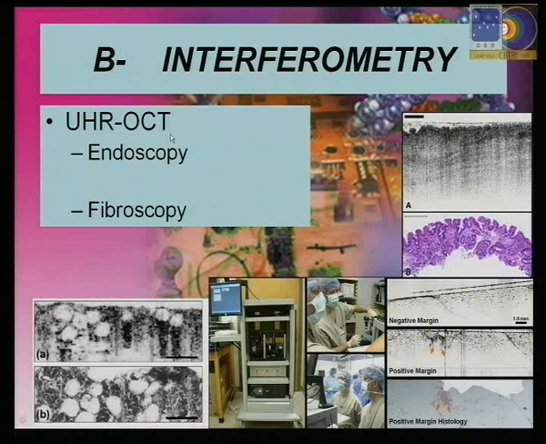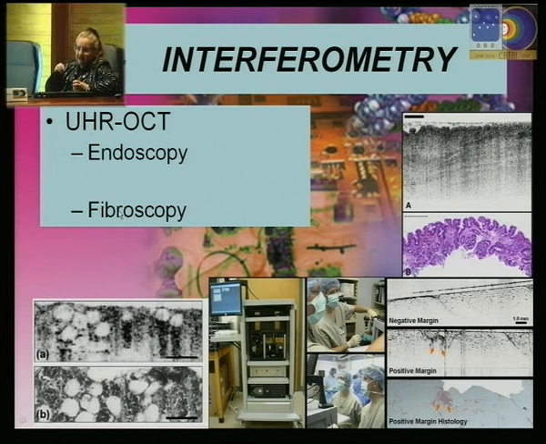Well, this is the type of data you get in ultra-high resolution optical coherence tomography, either in endoscopy, meaning in surface areas, or in fibroscopy, meaning that you put the coherence tomograph inside a needle and you punch the surface in order to get information from the inside of the body.